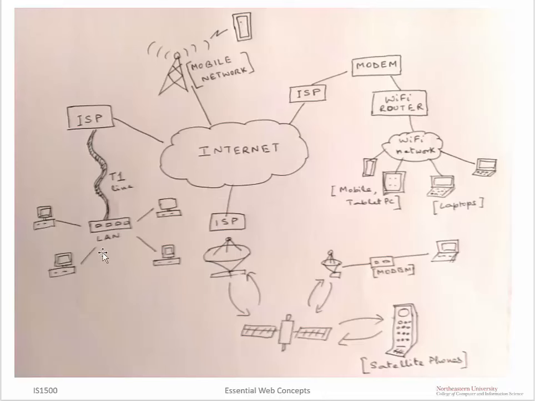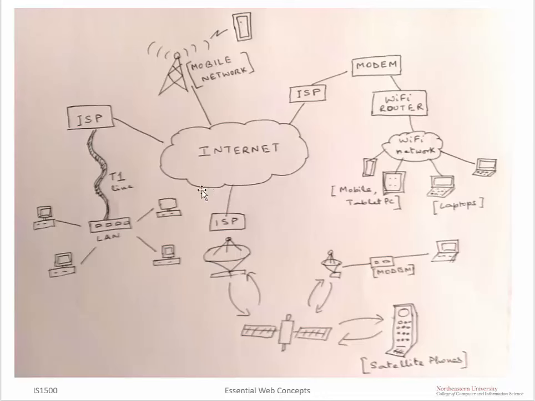Or, like we have in the classrooms, you have computers directly connected over a fixed wire local network, eventually through a T1 line, through some kind of provider that we pay for at Northeastern, into the Internet. So, at the end of the day, whether you connect through a mobile network, Wi-Fi network, fixed network, or satellite network, you all end up eventually being connected to that same global network.